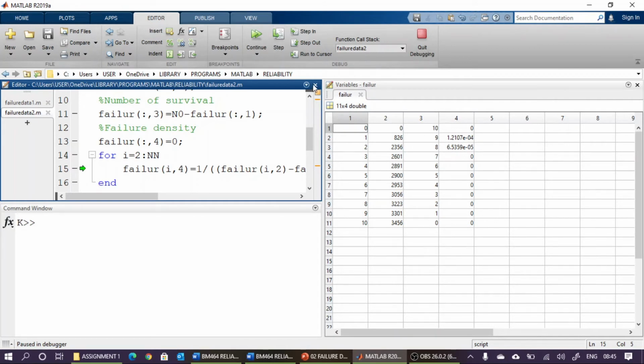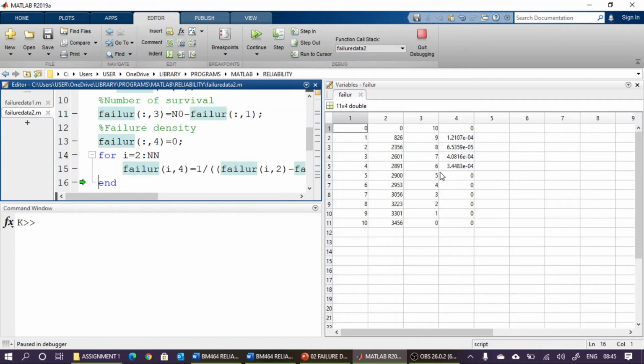Then during the next one, again one component is failed. So 1 divided by 2601 minus 2356 into the initial population, that is 10. So we have 0.0004. So that is a failure density. The next failure density is again 1 divided by 2891 minus 2601 into 10.